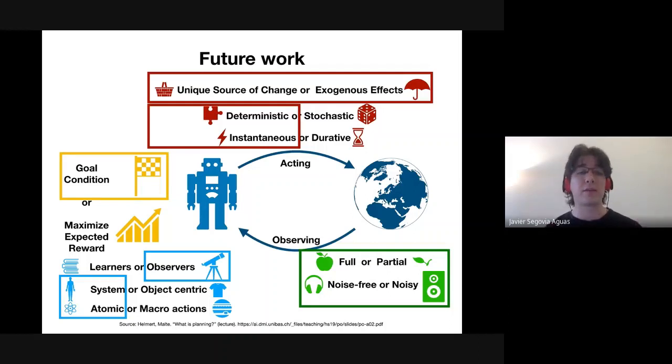If we can learn from this in an online fashion, then we can be the unique source of change, or we can also detect exogenous effects. We want to consider, at least now, deterministic and instantaneous actions, but we can also deal with full or partial observability and noise-free or noisy, as we said, of hidden Markov models before.